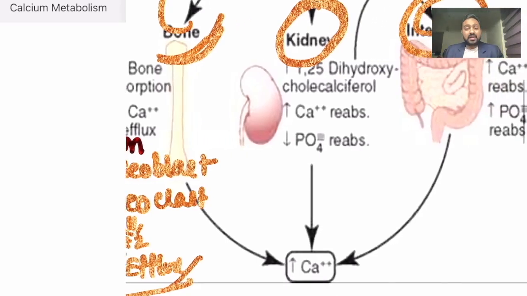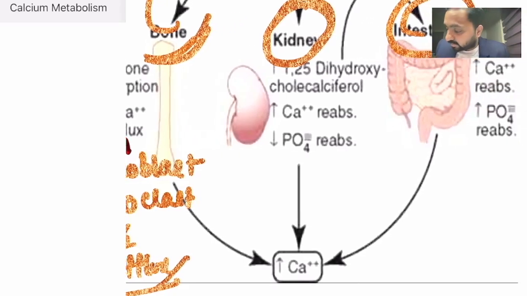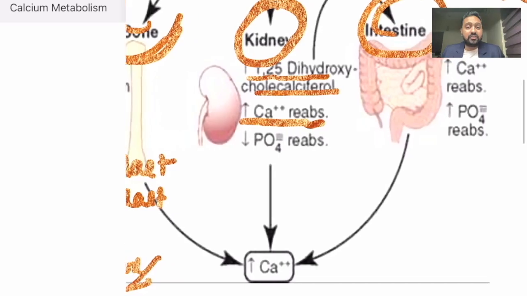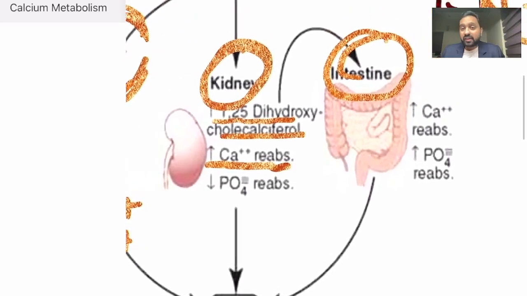Now in the kidney, it causes increased calcium reabsorption, and it converts vitamin D to its active form, which is 1,25 dihydroxycholecalciferol. This 1,25 dihydroxycholecalciferol in turn acts on the intestine, causing increased calcium reabsorption and increased phosphate reabsorption.